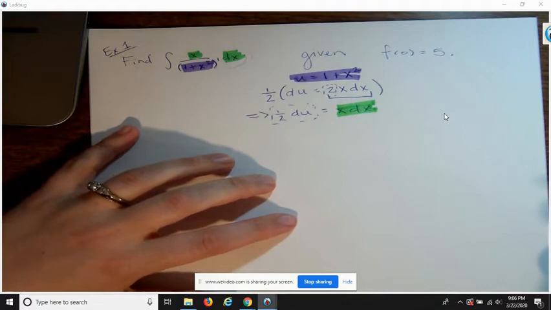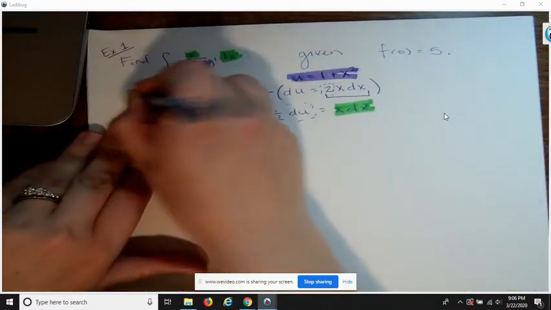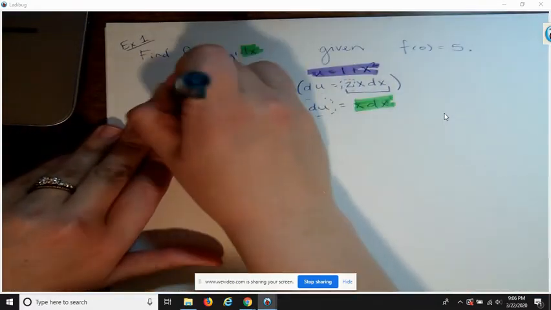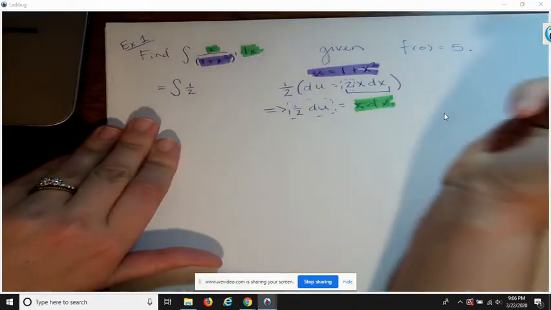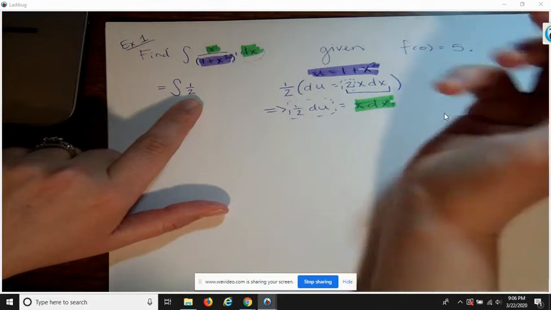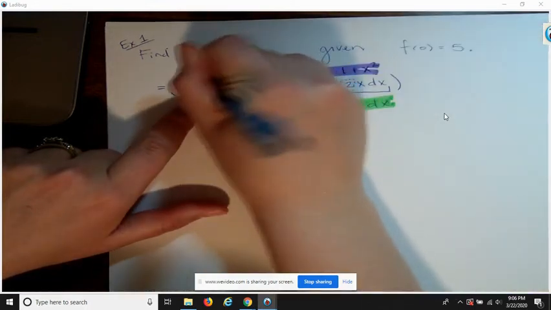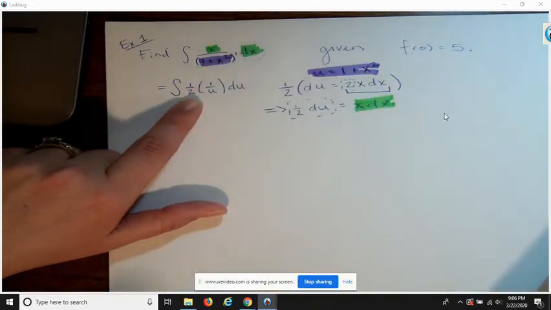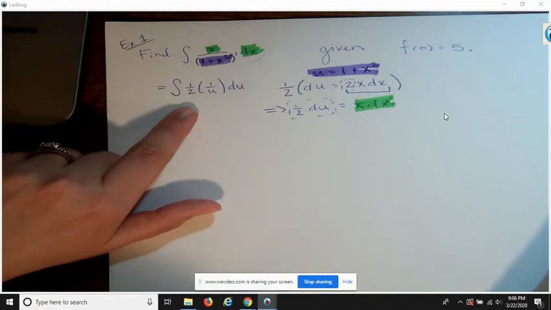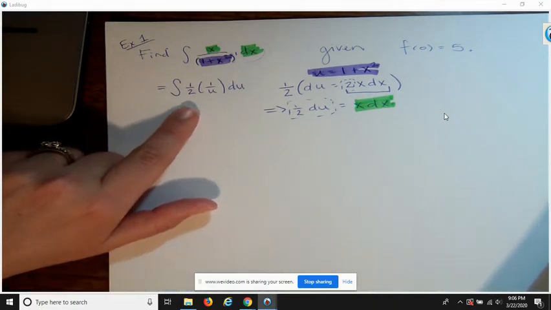This means that my integral is really going to be equal to 1/2, because multiplication is commutative, I can multiply in whatever way I want, times 1 over u du. And now this pretty clearly looks like a natural log integration function.